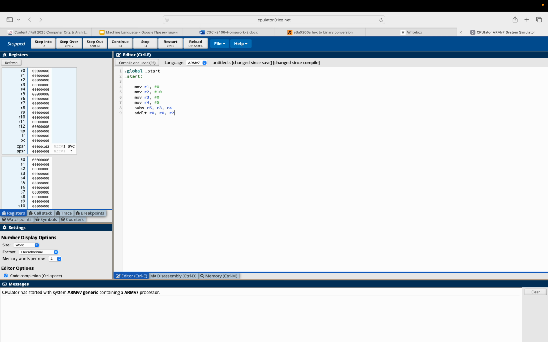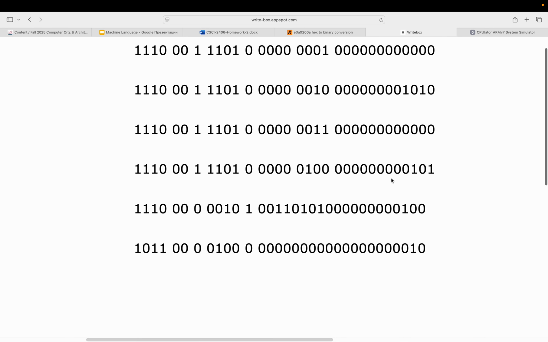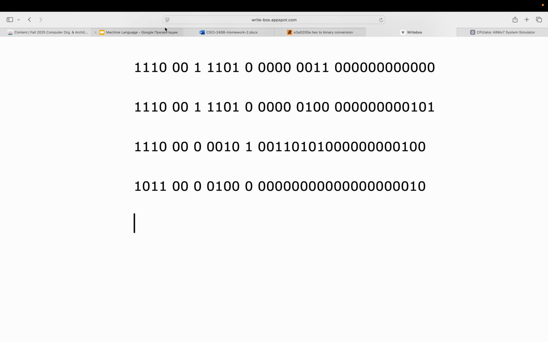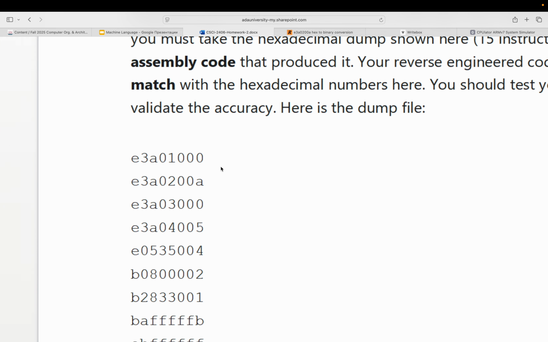It basically means that if R3 is less than R4, then R0 is going to be R0 plus R2. So this is what it basically represents. And now let's move on to the next one, the 7th one.